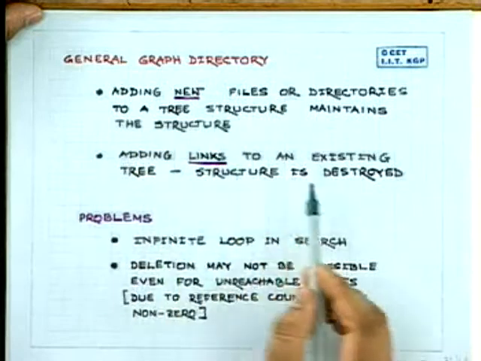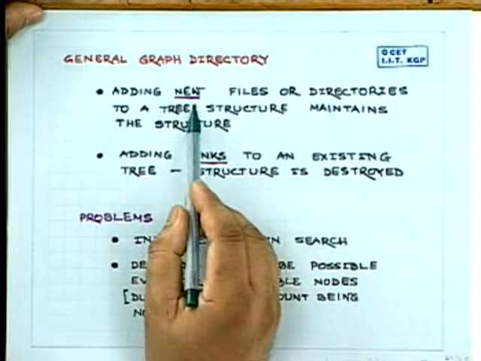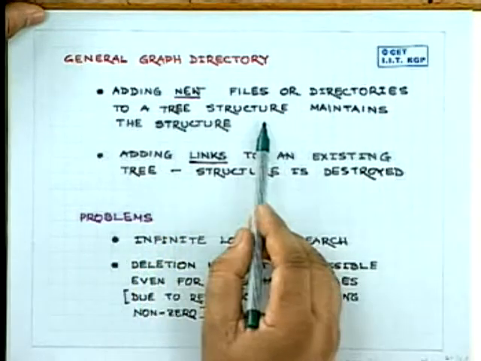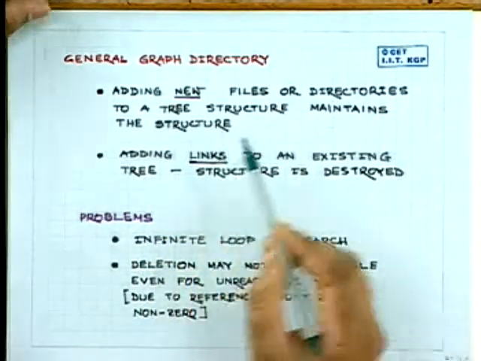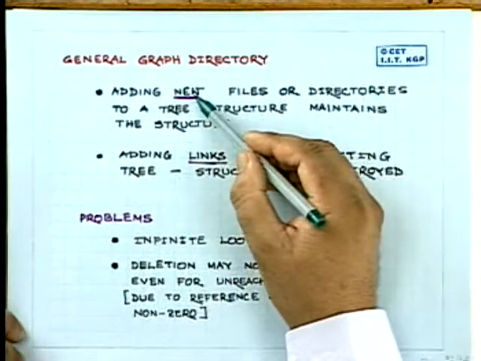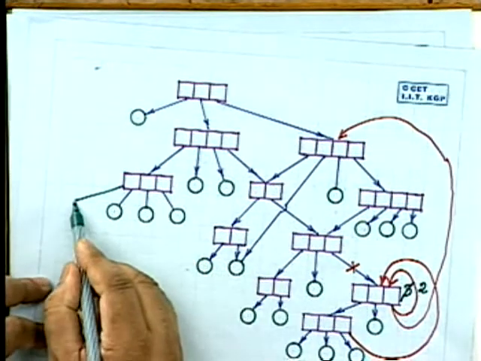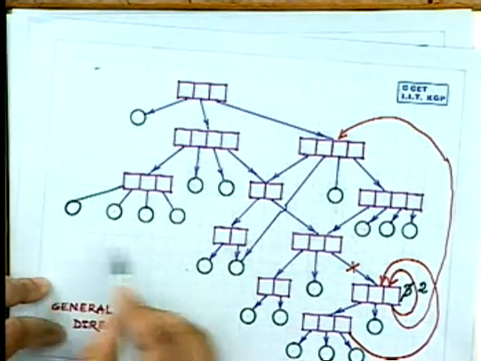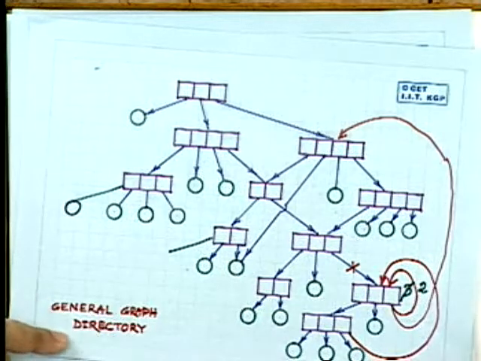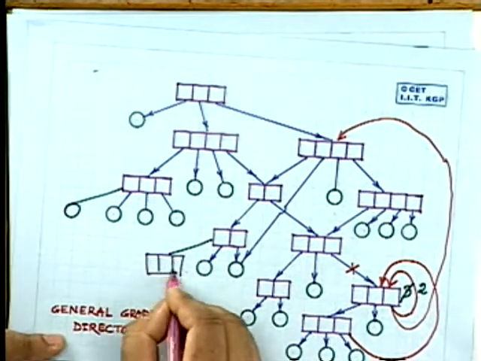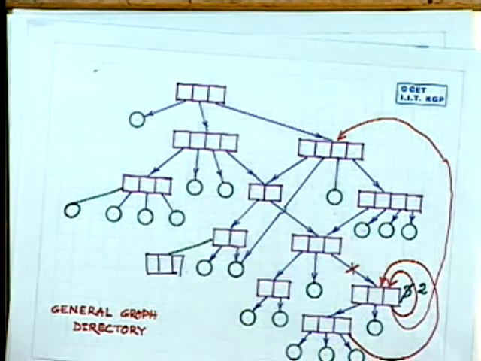of a general graph directory, adding a new file or a directory to a tree structure maintains a structure. For example, if we add, say here, a file, or say here, a directory, the original tree structure remains.